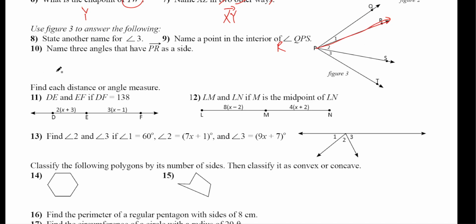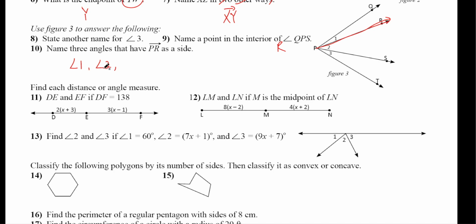QPR, or you could just say angle 1. That'd be the easiest way. But yeah, you're right. You could say QPR, and it's fine. What's another angle? Angle 2? Yep, because that ray is part of angle 2. And then what's another angle that has this as a side?